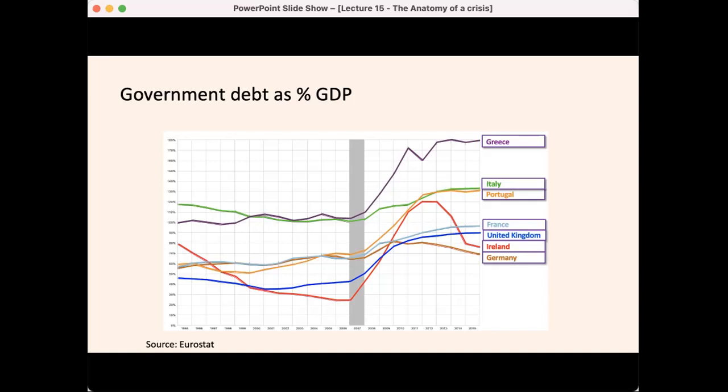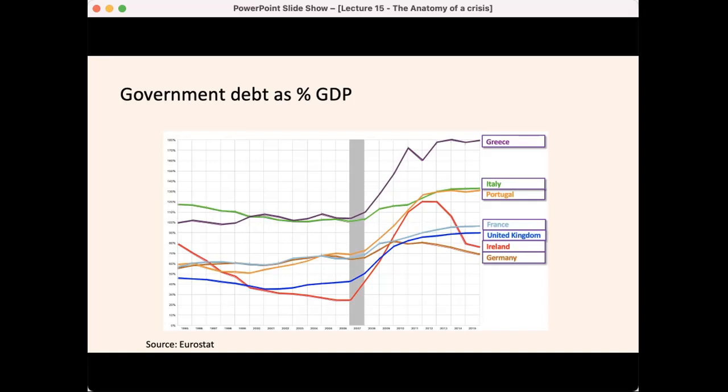Government debt increases after the global financial crisis. And this should do away with the view or the theory that it was government debt that caused the global financial crisis. This is nonsense. The causes of the financial crisis are those that we talked about in earlier lectures.